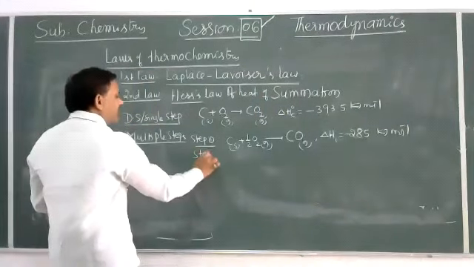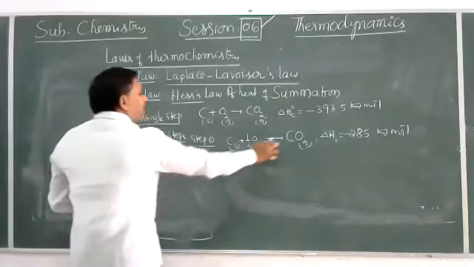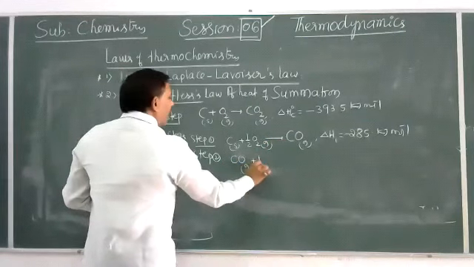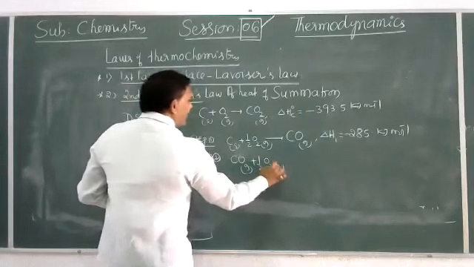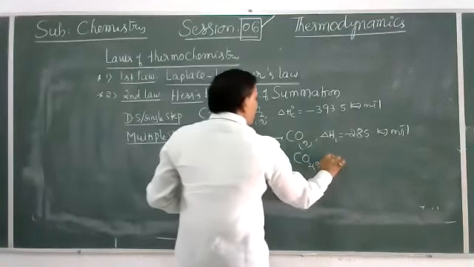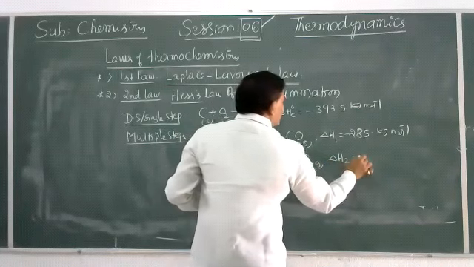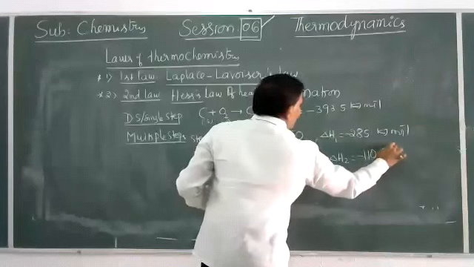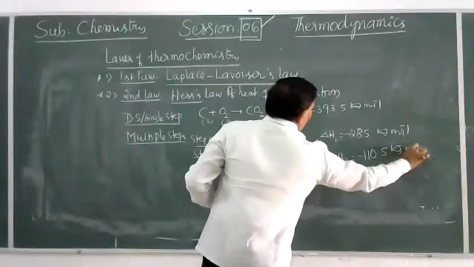In the second step, the obtained carbon monoxide gas again reacts with half O2 gas. It gives CO2 gas. Now delta H2 is minus 110.5 kilojoules per mole.